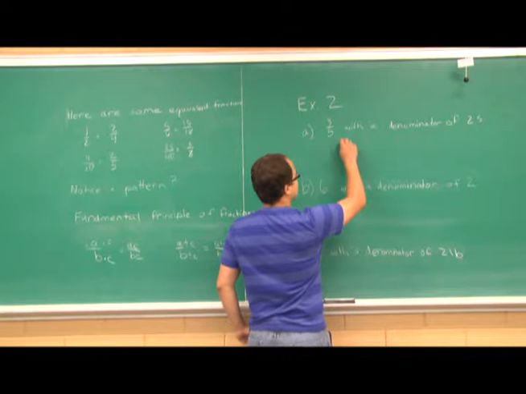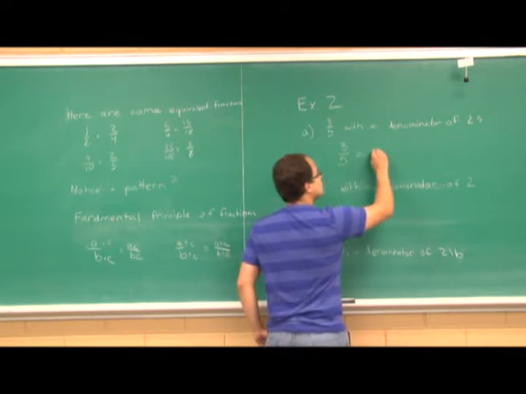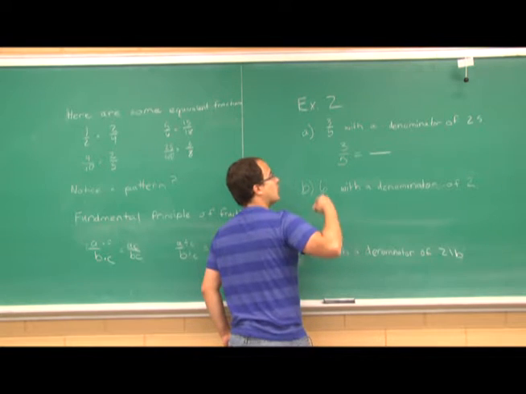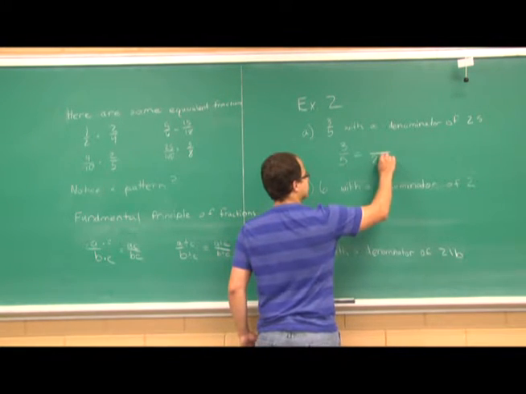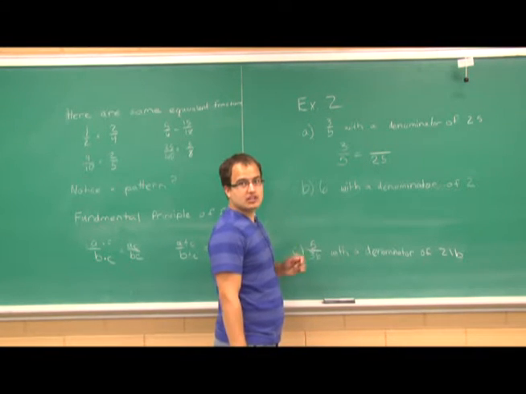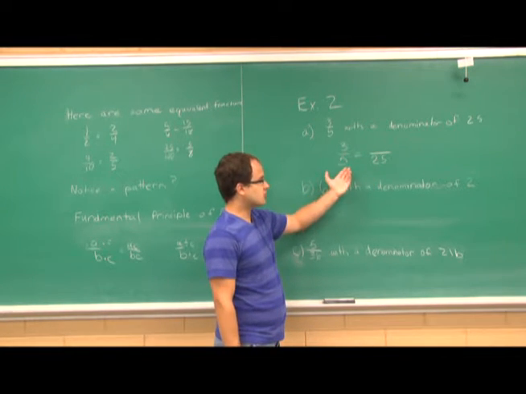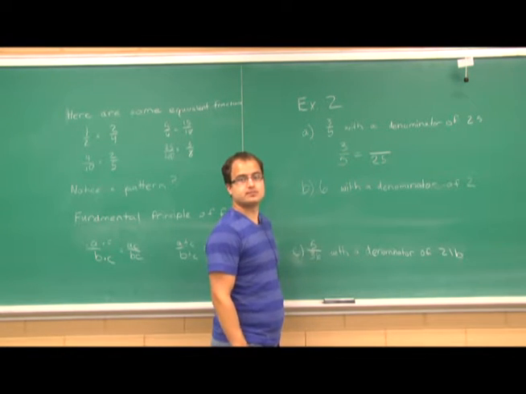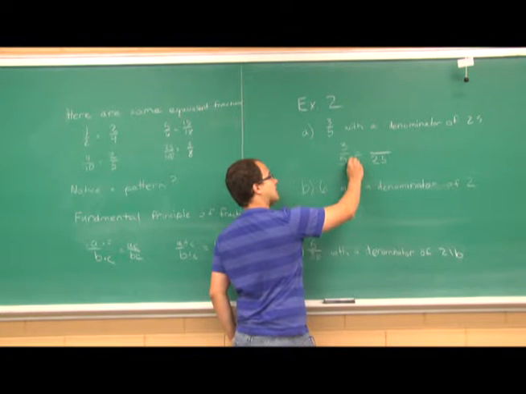So what I do is I write out my original fraction equals a new fraction with a denominator of 25. Now, since I have both denominators, let's compare them. What is the relationship between 5 and 25? Well, 25 is 5 times 5.